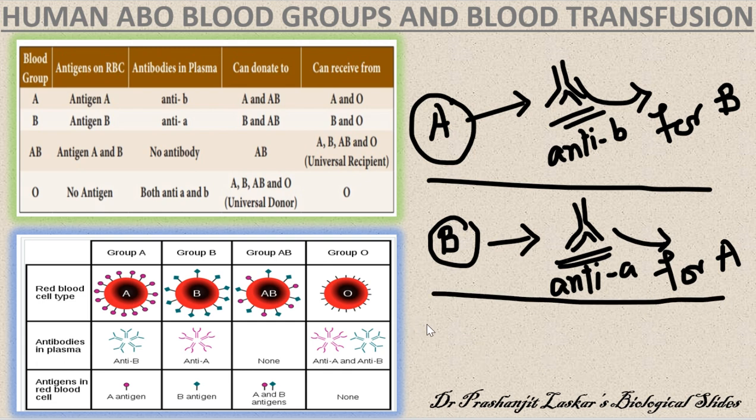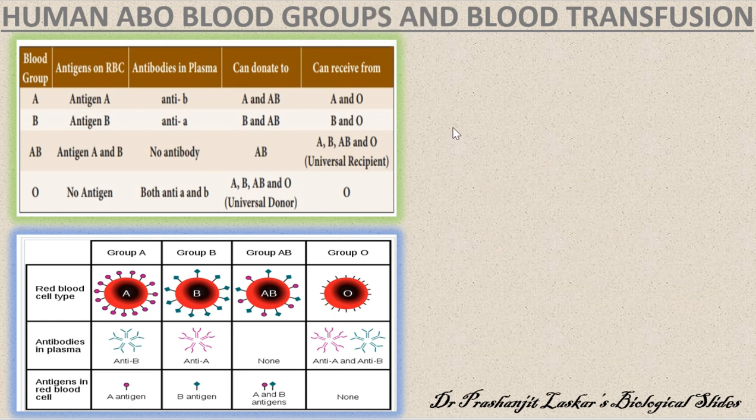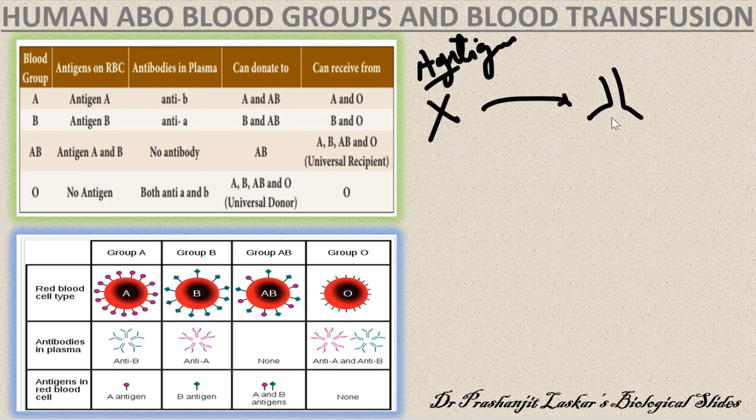A person with both antigens A and B does not have antibodies, and a person with no antigens has both the antibodies, that means anti-A and anti-B.